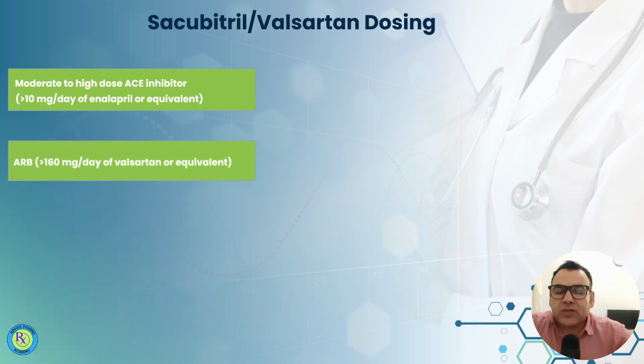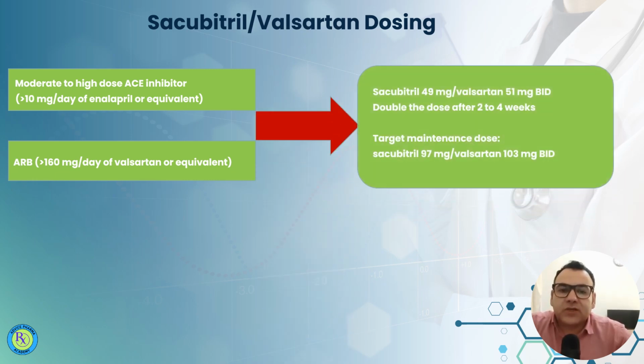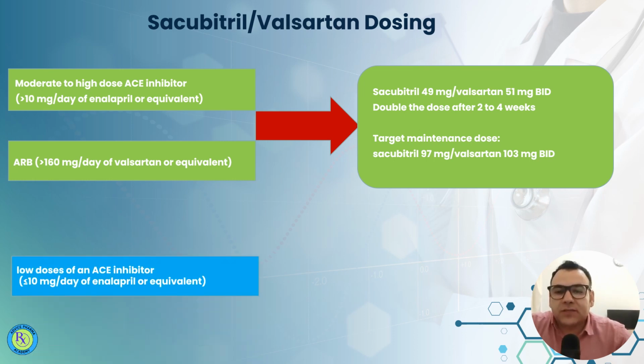What about the dosing and shifting from ACE or ARB to ARNI? If a patient is on a moderate or high dose of ACE inhibitor, which is more than 10 mg of enalapril or equivalent, or more than 160 mg of valsartan or equivalent, this patient is shifted to Entresto 200 twice daily, and the dose is doubled after 2 to 4 weeks with a target maintenance dose of Entresto 200 twice daily.